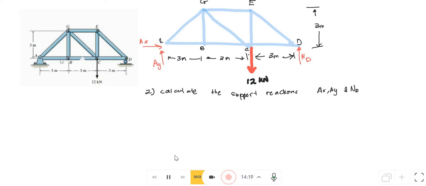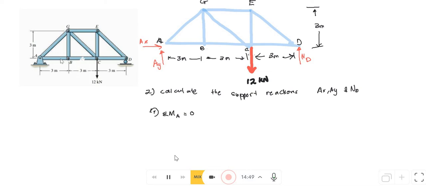In this case, we can use moment at A. So we can eliminate AX and AY in the equation, so we only have one unknown. So we use summation of moment at A, counterclockwise is positive, equal to 0.